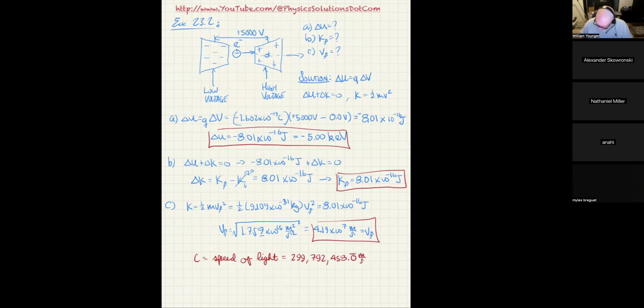So you can see it's about 3 times 10 to the 8th meters per second. And lo and behold, this is clearly not even 1%. It's more like 10% of the speed of light. So it's not necessarily reasonable to use 1/2 mv squared on that one. Anybody have any questions on that?